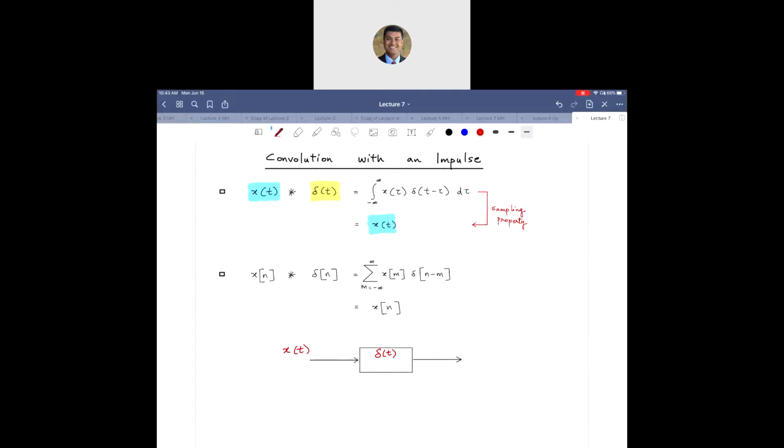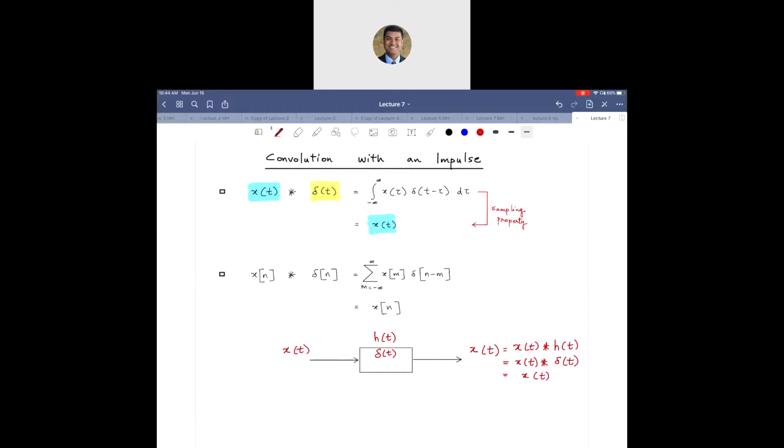If x of t goes in, and I'm saying that my impulse response h of t is delta of t, then the output is simply going to be x of t, which is the input x of t convolved with h of t. In this case, it is x of t convolved with delta of t, and we just proved using the sampling property that it is x of t.